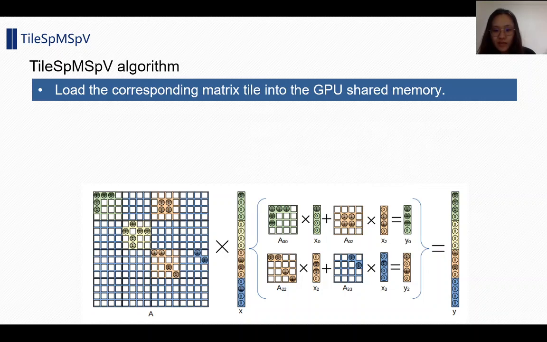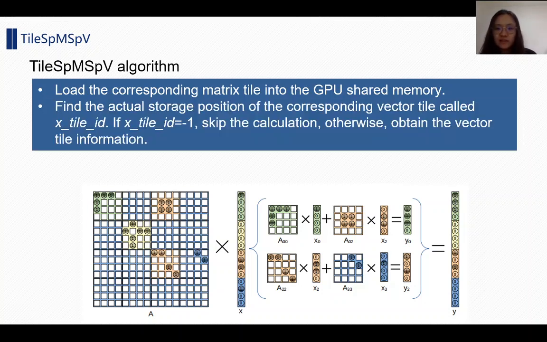Then we can do SpMSpV. First, load the corresponding matrix tile data into GPU shared memory, and then find the location xtile ID where the corresponding vector tile is actually stored, according to the column position of the tile.